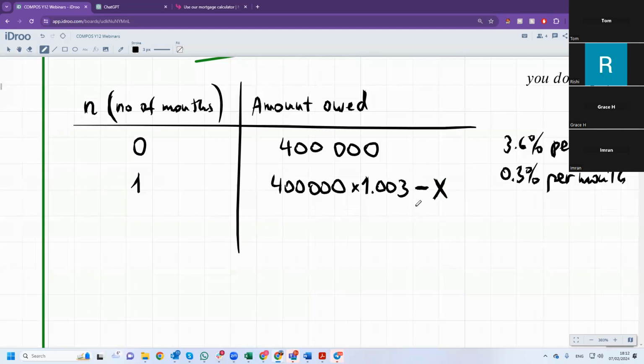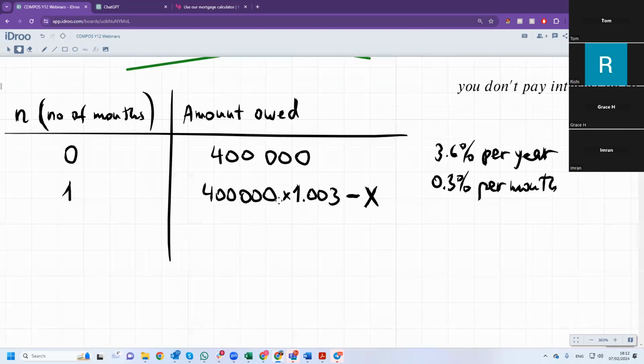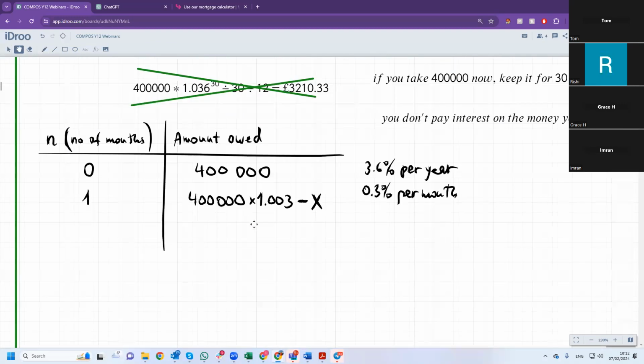Does that make sense? So after 1 month, you owe 400,000 times 1.003 minus X. So the bank adds interest, and immediately you make a repayment of X pounds.